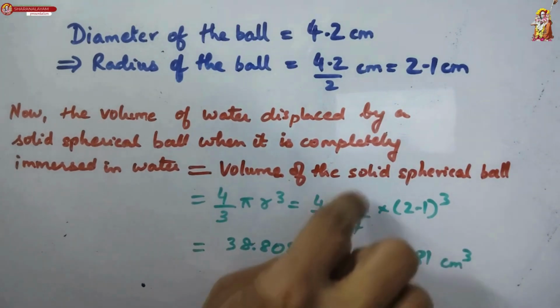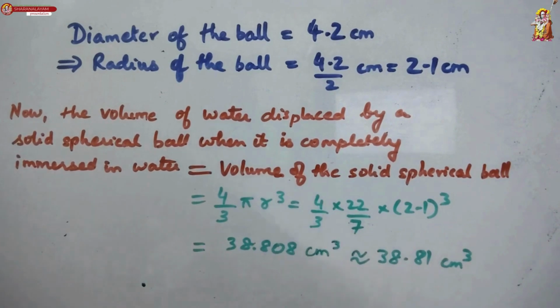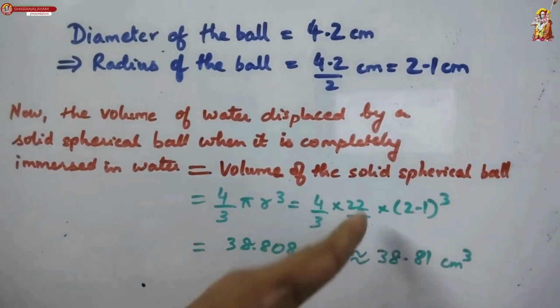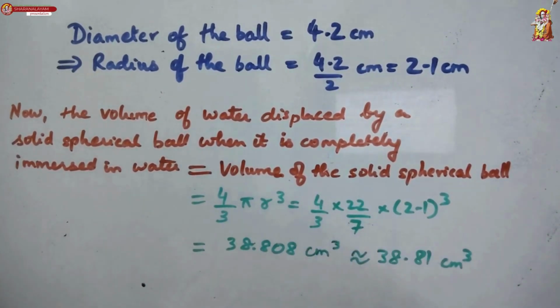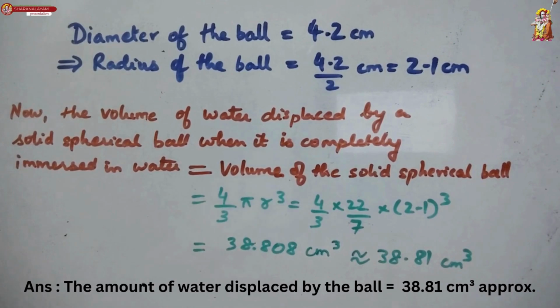So for that I have taken 22 upon 7. So 4 upon 3 into 22 upon 7 into 2.1 the whole cube. When we work it out, we get it as 38.808 centimeter cube, which is approximately 38.81 centimeter cube. So the volume of water displaced by a solid spherical ball when it is completely immersed in water is 38.81 centimeter cube approximately.